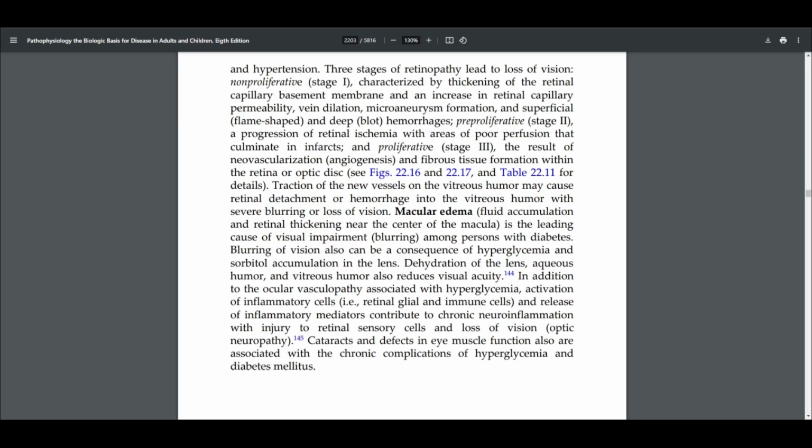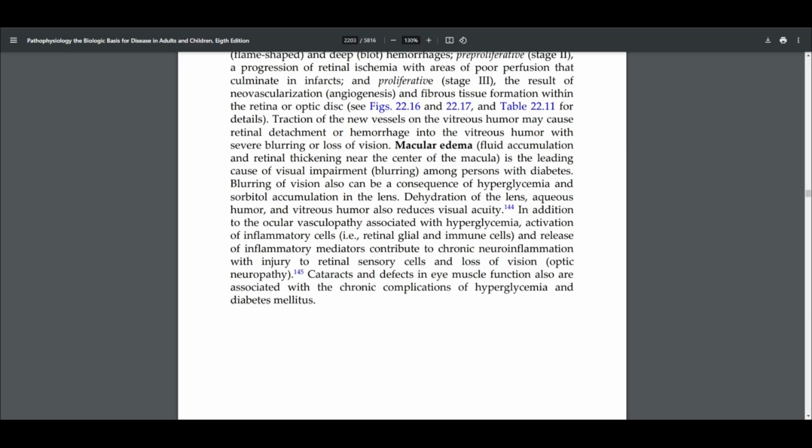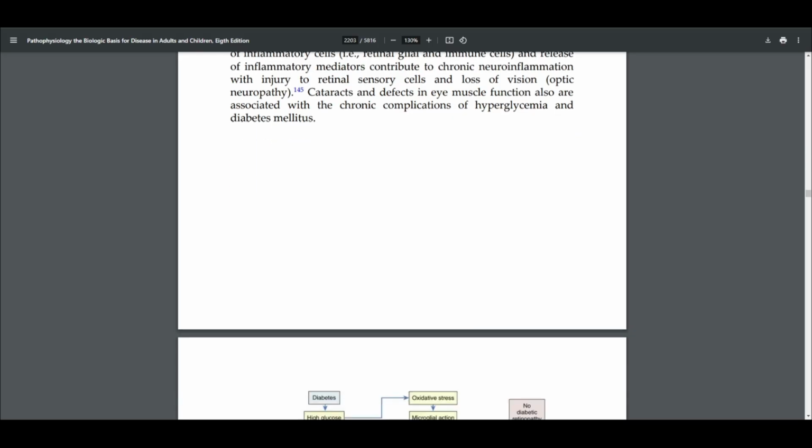In addition to the ocular vasculopathy associated with hyperglycemia, activation of inflammatory cells and release of inflammatory mediators contribute to chronic neuroinflammation with injury to retinal sensory cells and loss of vision. Cataracts and defects in the eye muscle function also are associated with chronic complications of hyperglycemia and diabetes.